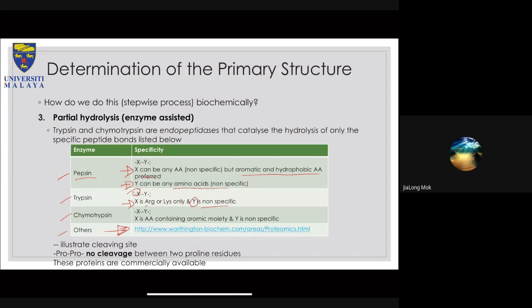As it catalyzes the hydrolysis of specific types below, as I mentioned, the arrow illustrates a cleaving site, pretty much in the middle. And proline: no cleavage between two proline residues. Enzymes do not really like two prolines, so between two prolines there will be no cleavage.